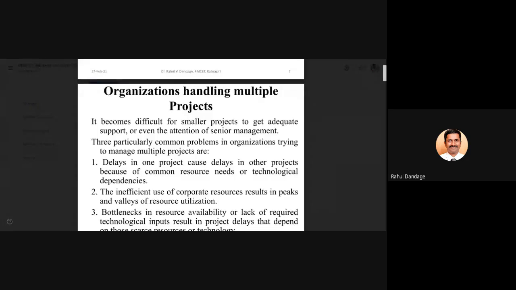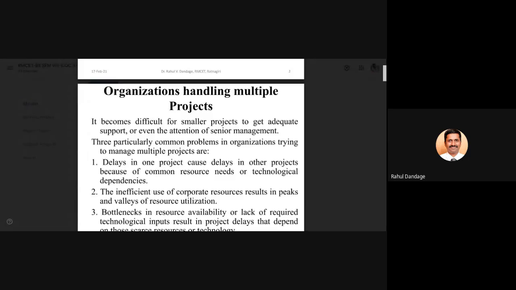Okay, it becomes difficult for smaller projects to get adequate support or even the attention of senior management. Now, to decide whether the project is smaller or bigger, there are certain parameters.